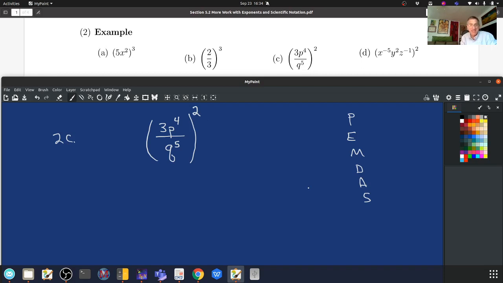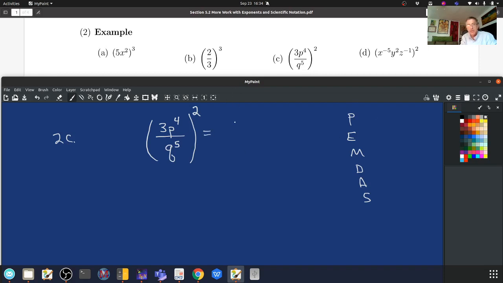However, in this particular case, there's nothing you can do inside the parentheses to simplify anything. There's no simplification possible for 3p to the 4th divided by q to the 5th. So nothing to be done here. So we're going to move to exponentiation.